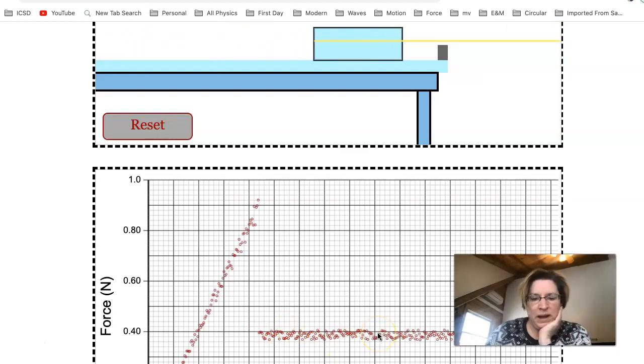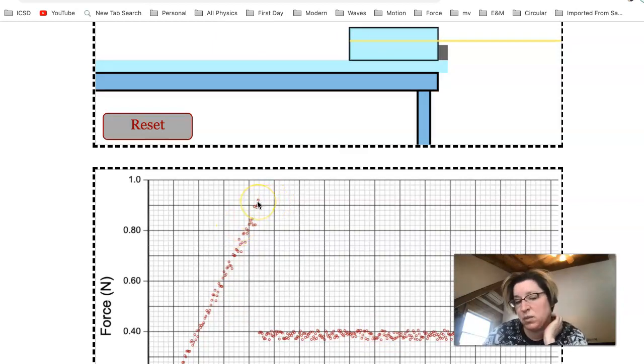Now, what do you actually need to record? We need two pieces of data. One is the maximum static friction force, and that's this number up here. I'd probably pick the maximum dot, somewhere between 0.8 and 1 is the force.